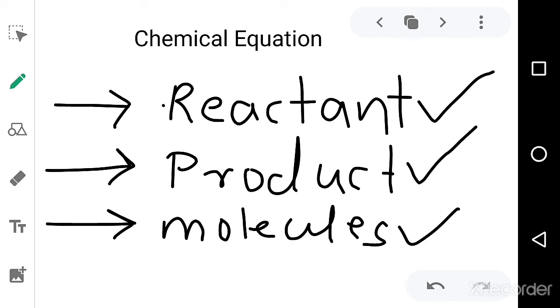So a chemical equation is better than a chemical reaction to gather the information about chemical change.